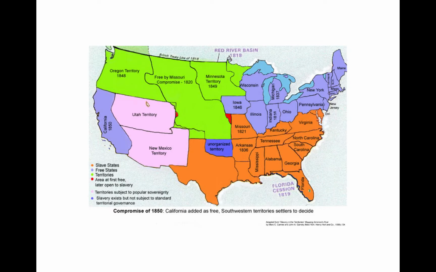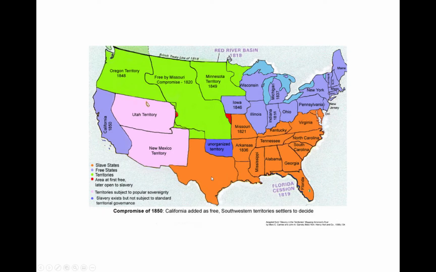And by California being a free state, that now means that as of 1850, there were 16 free states, with Rhode Island as the fifteenth and Maine the sixteenth, and 15 slave states, starting with Delaware and Maryland.